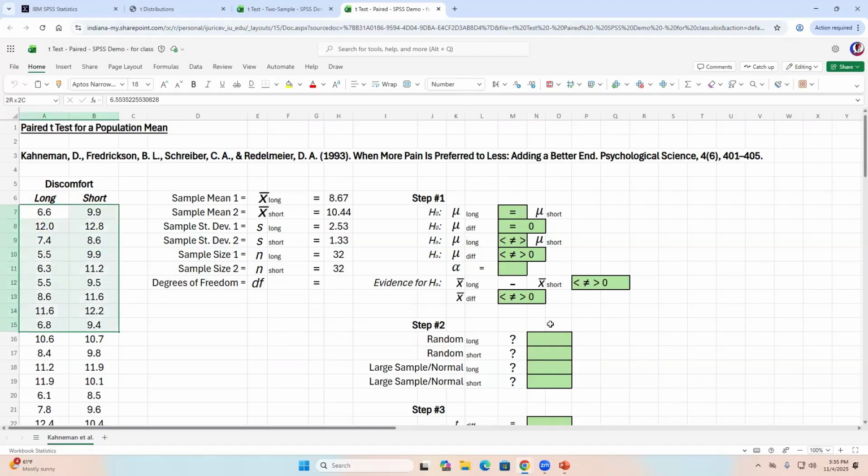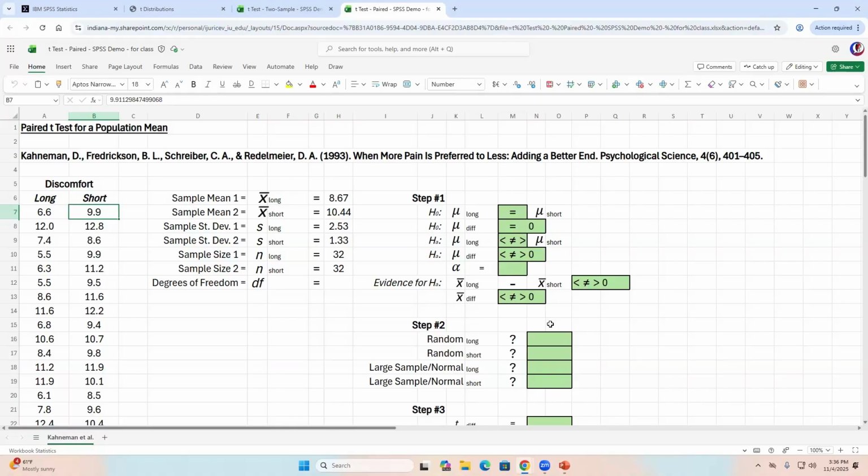So the reason why, in my opinion, if you can do a paired t-test experiment, you should, is because regardless of factors that might affect your results, those factors get canceled out because you are comparing one person to themselves. If somebody came into that experiment tired, they're going to be tired in the short trial condition and in the long trial condition.